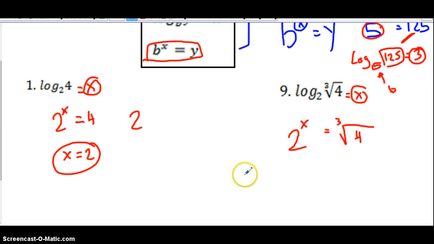Well, not much to do here, but we've got a little fancy trick we can do. We know radicals can be expressed as exponents. So this would be 4 to the 1/3, remember, there's a 1 here. I'm trying to put things in terms of exponents because that's what we're looking for. So 2 to what power equals 4 to the 1/3?